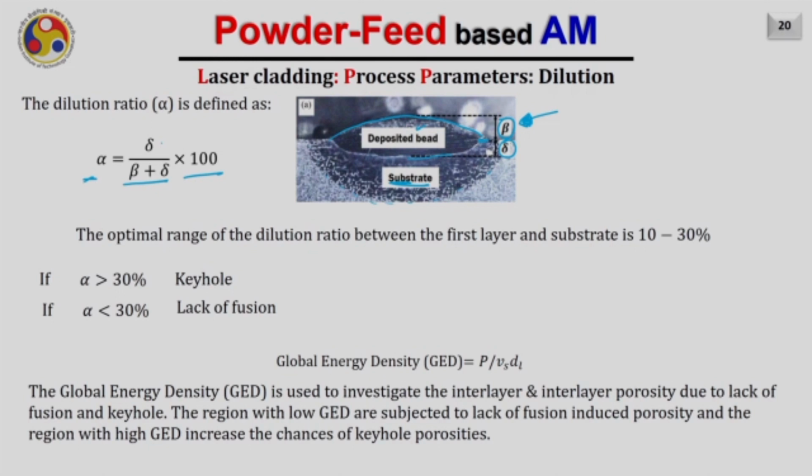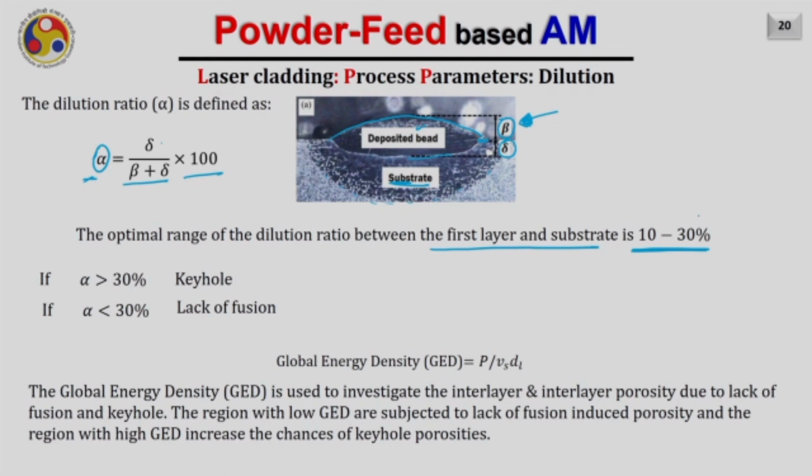Of course, in additive manufacturing it is preferable to have a relatively high value of alpha compared to other applications. The optimal range of dilution ratio between the first layer and the substrate is around 10 to 30%.